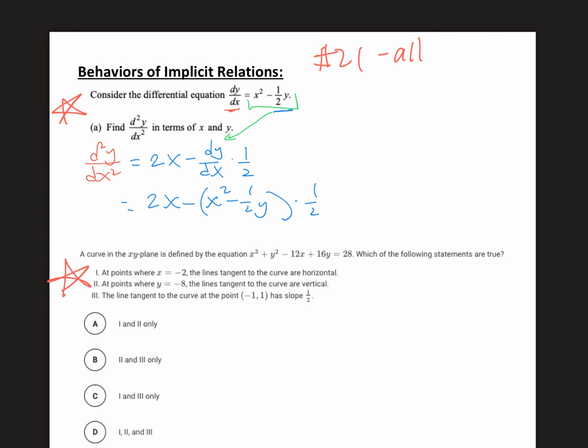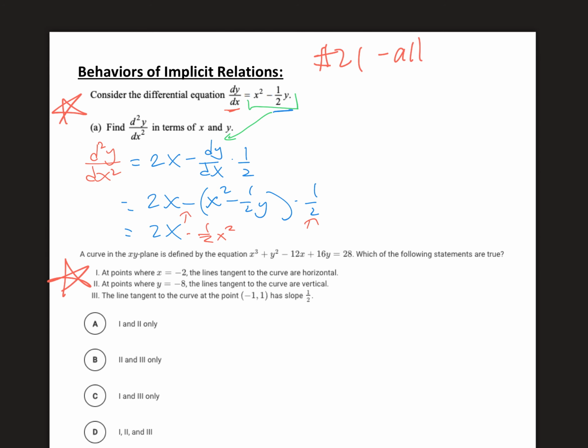Okay, let's simplify. Actually, we don't really have to simplify, honestly, but let's simplify just for practice's sake. Some of you need that practice. So it equals 2x, that's going to stay the same. I'm going to distribute the 1/2 and the negative 1/2, so it becomes negative 1/2 x squared.